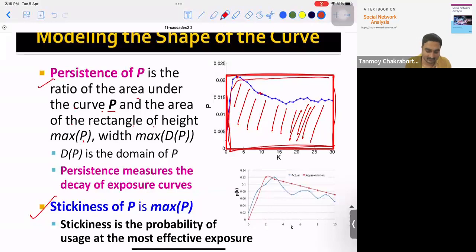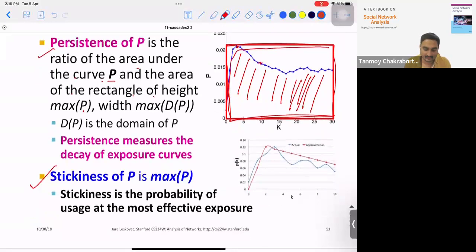So this is the first factor, persistence. The second factor is stickiness. Stickiness is the probability of the usage of the most effective exposure. Meaning, you just look at the peak. What is the maximum peak value, the most effective exposure? In this case, this is 0.02.